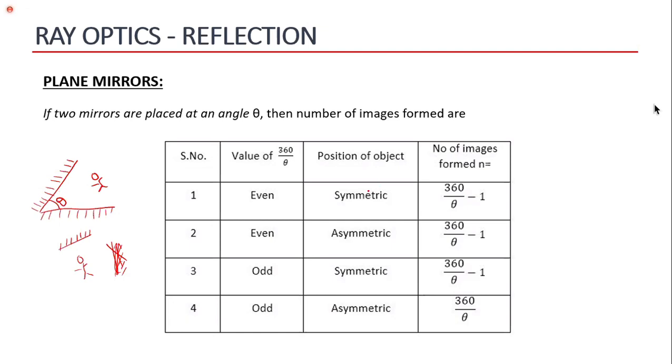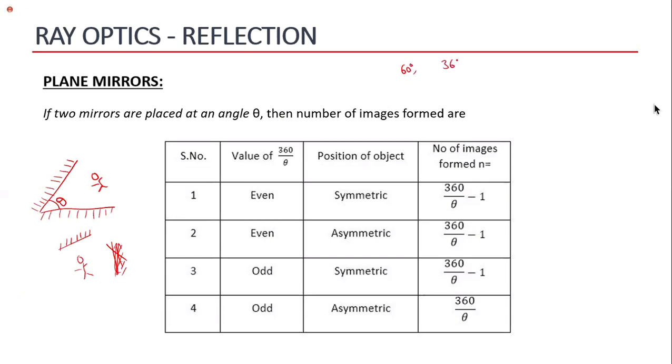Okay, this has to go into your formula book. If the value of 360 by theta is even, for example, let me say the angle between the two mirrors is 60 degrees.